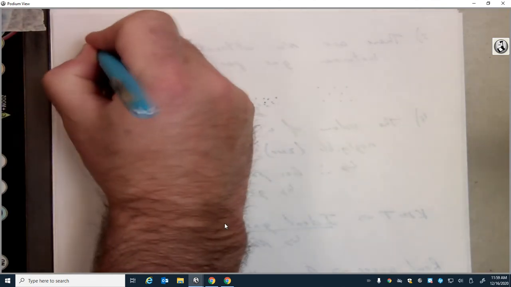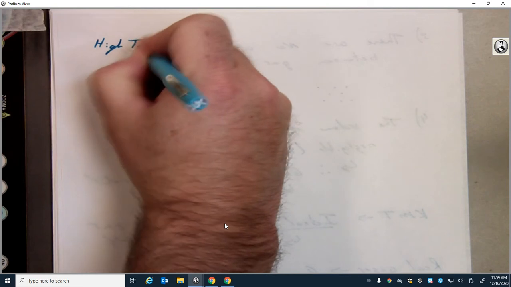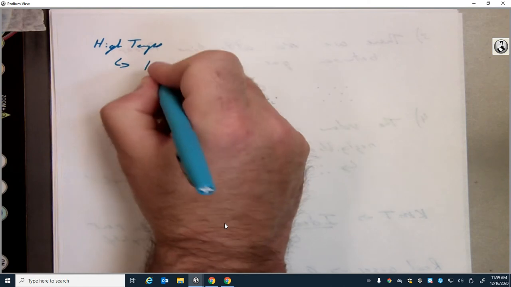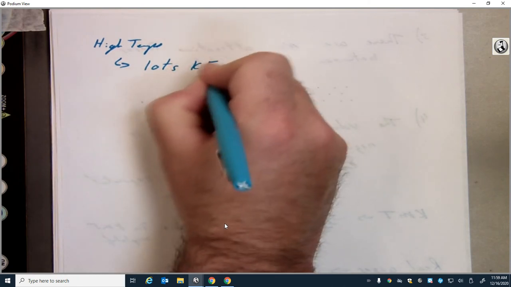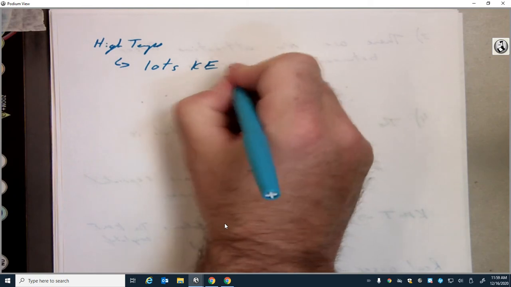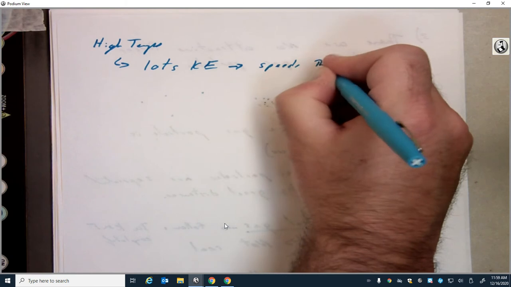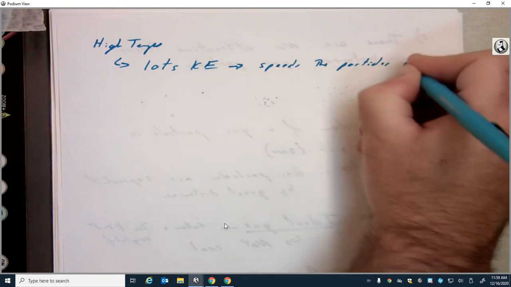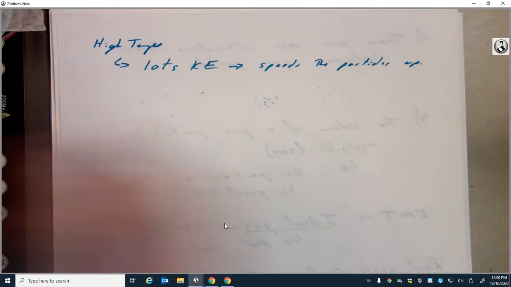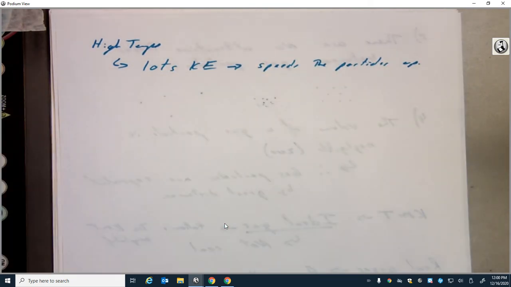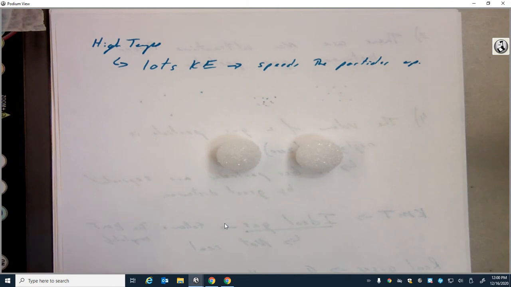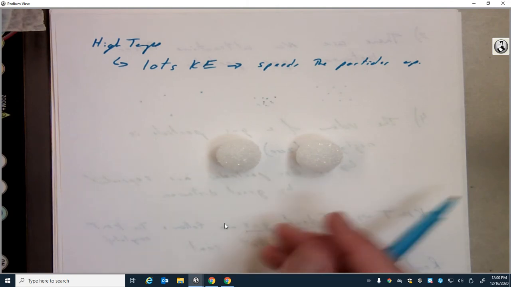So at high temps, we speed those particles up, so we've got lots of kinetic energy. That extra kinetic energy speeds the particles up. Well, that helps us with some of the problems of the KMT. For example, one of the things in the KMT says there are no attractive forces between these, and that the particles are always far apart.